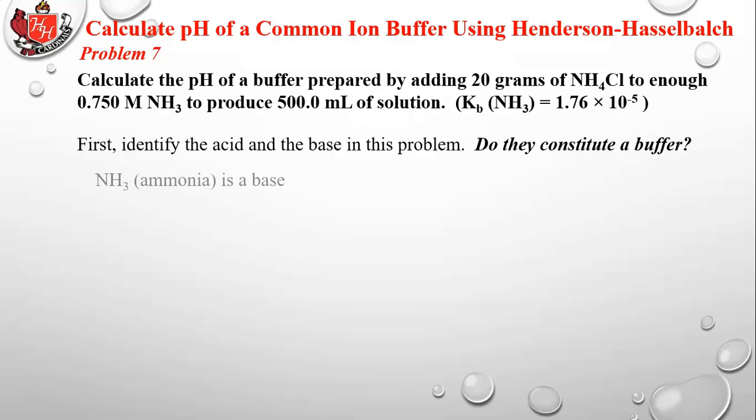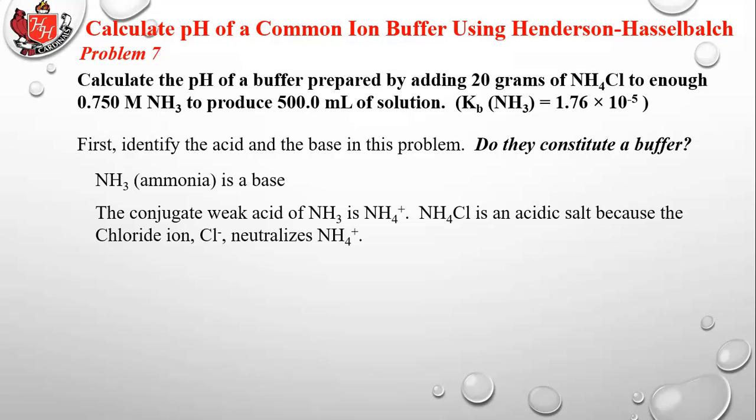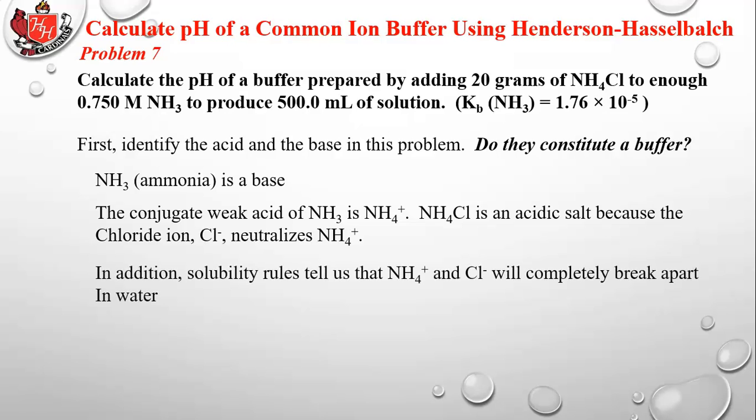So here we go. Ammonia, NH3, is a base. The conjugate weak acid of NH3 is NH4+. NH4Cl, ammonium chloride, is an acidic salt because the chloride ion Cl- is a spectator and does not neutralize the NH4+. In addition, solubility rules tell us that NH4+ and Cl- will completely break apart in water.